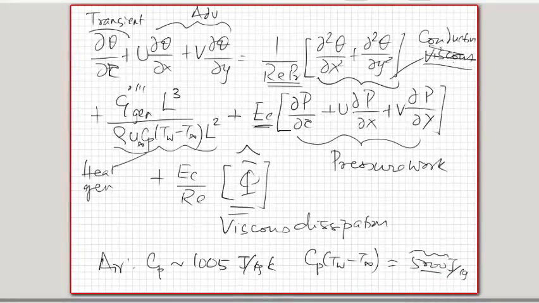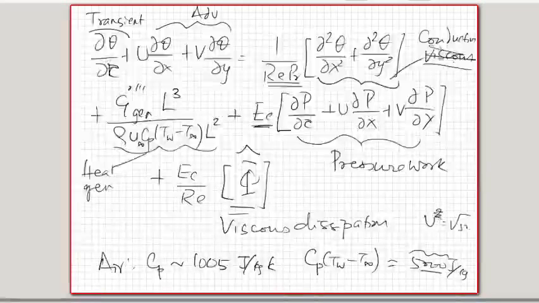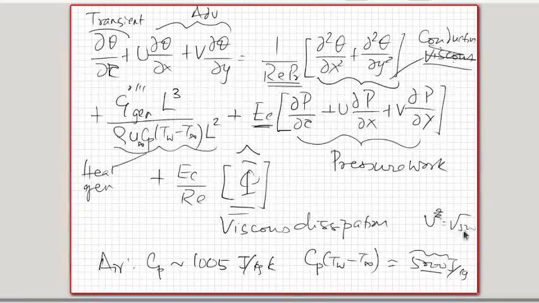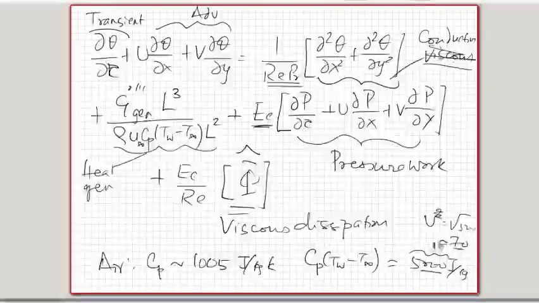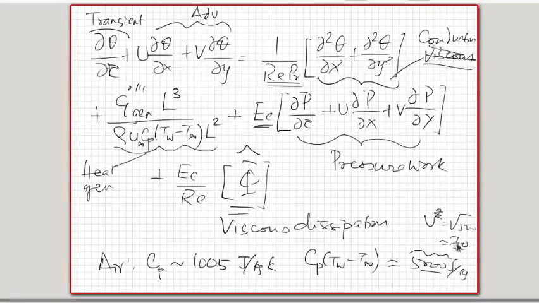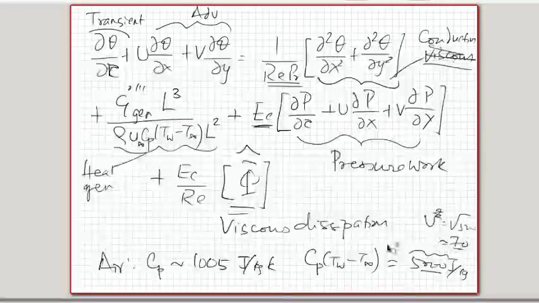In order to produce this, the U squared that is required, or the U that is required, will be the square root of 5000, which will be a large number, right? The square root of 5000 is about 70, right? So 70 meters per second is the kind of velocity that is required in air in order to make about a 4 to 5 degree difference in temperature.